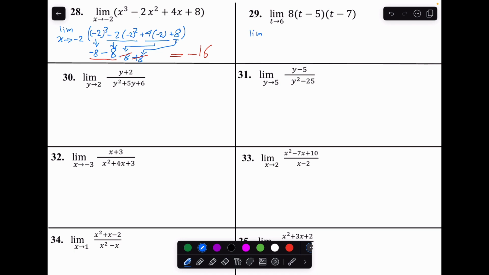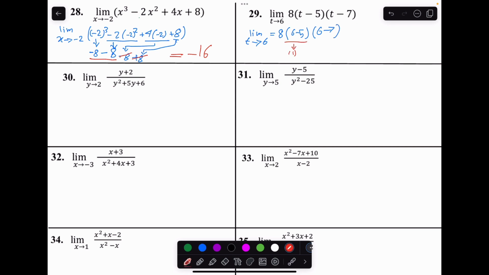Limit when t is approaching 6, f of x equals 8 multiplied by 6 minus 5 multiplied by t, multiplied by 6 minus 7.